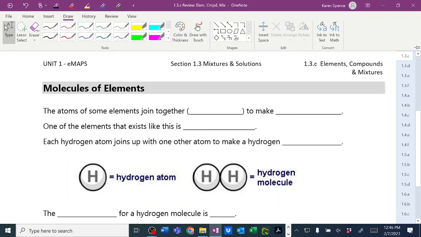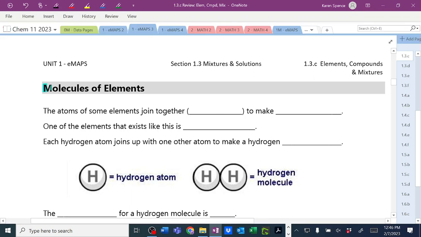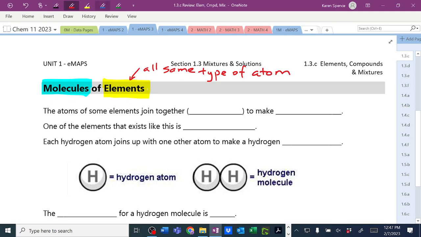Now we're going to take a look at two things. We're going to look at molecules, but not just any old molecules. We're going to look at molecules of elements. So we're still dealing with all the same type of atom. The atoms of some elements join together.